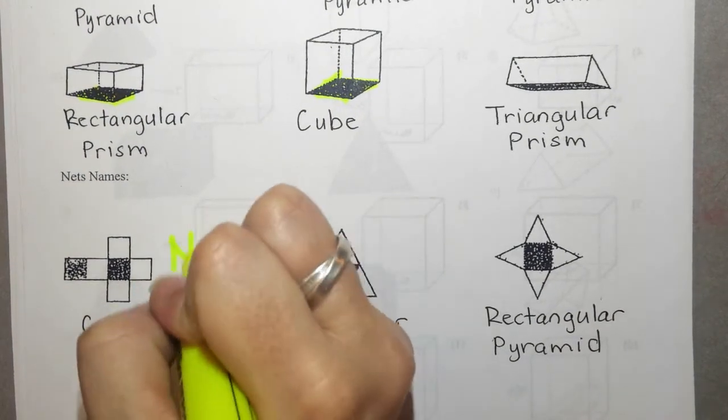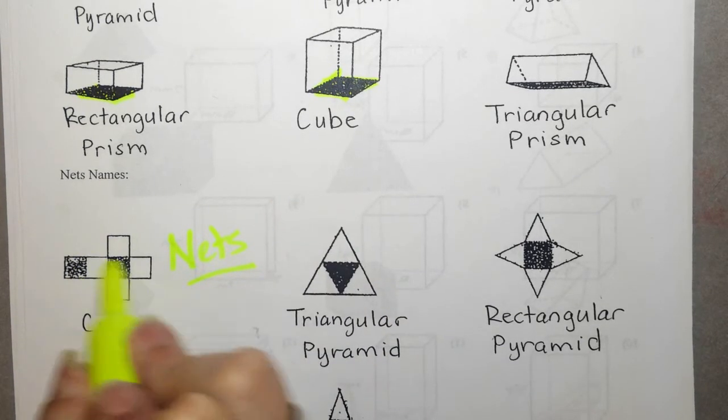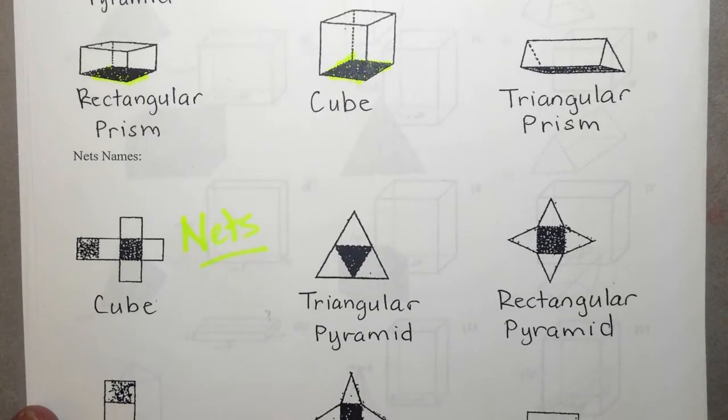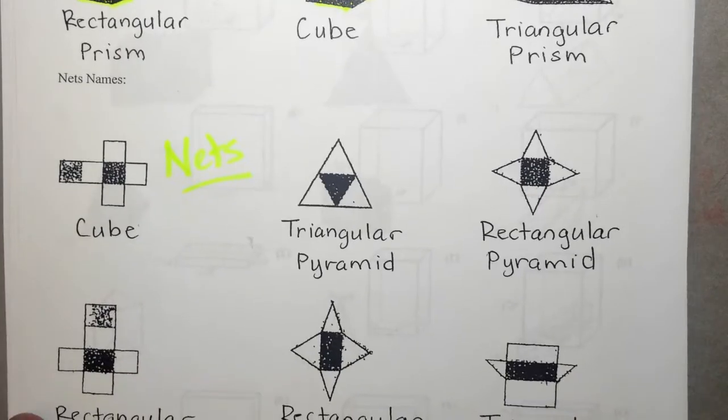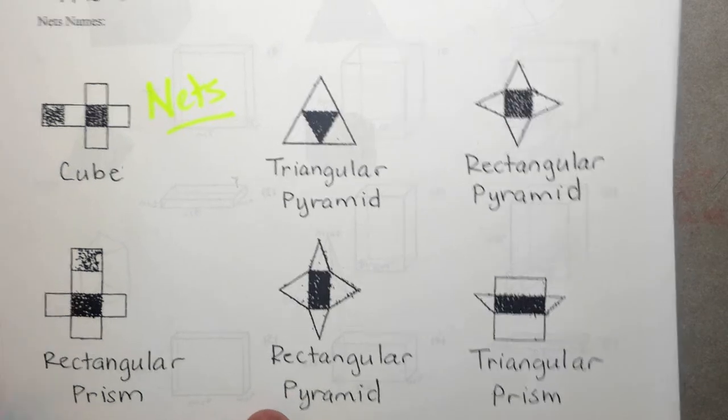These are called nets. A net is it unfolded. That's all these are. Examples of if you unfold them, this is what they could look like. I think of a fisherman's net, and when they open it up, it's a lot bigger than when it's all curled up on the back of the boat.